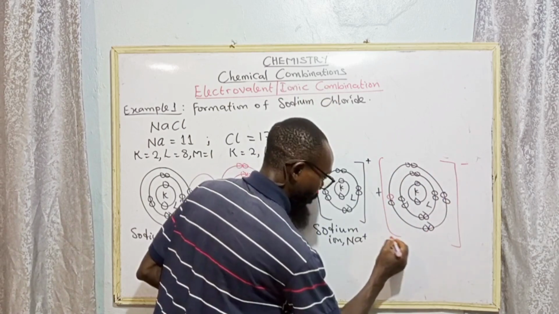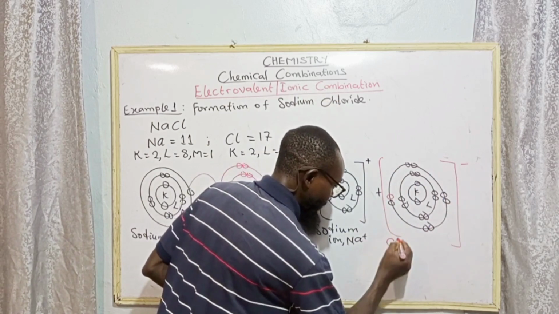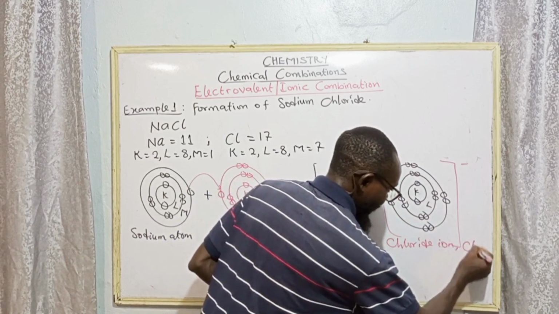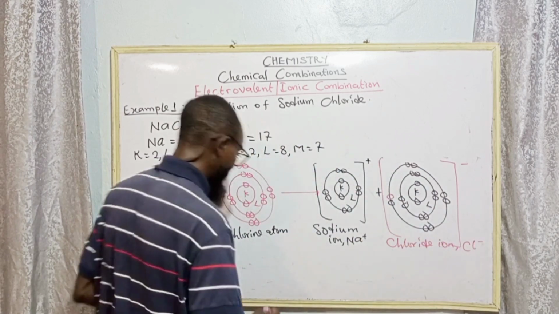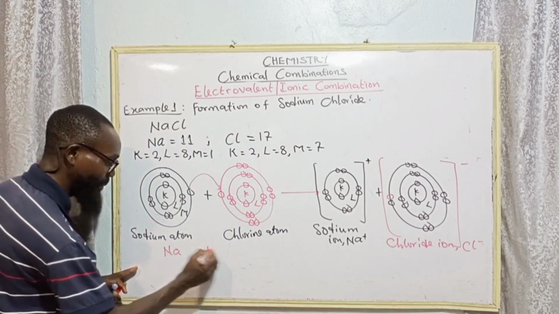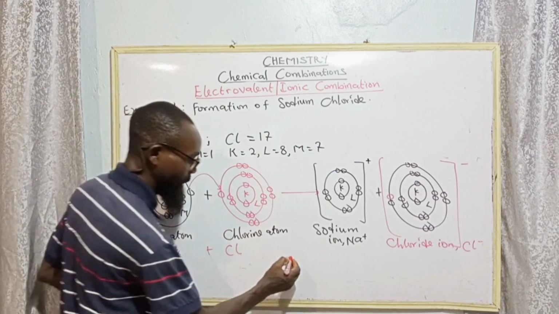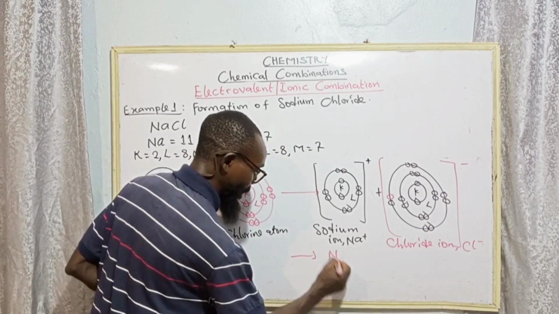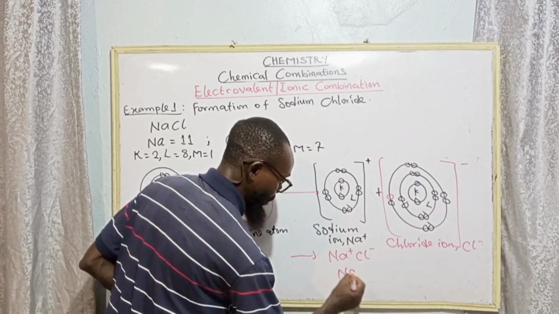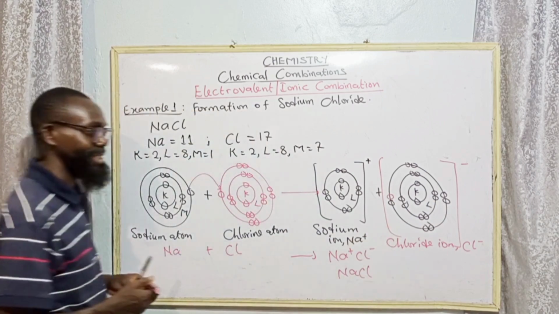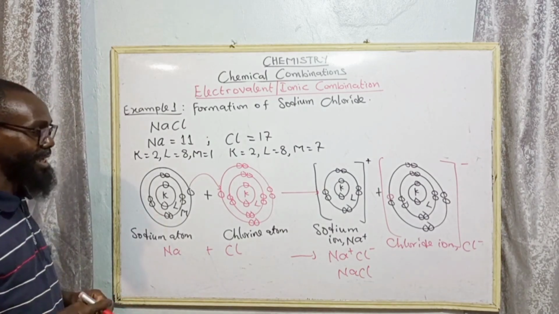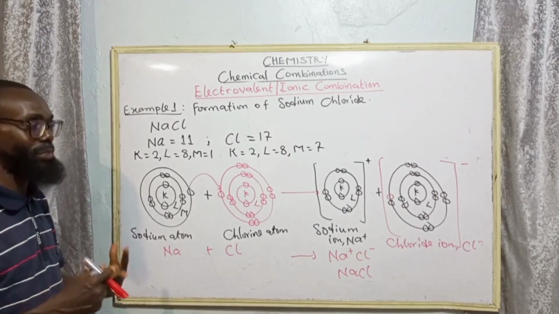So it is now called chloride ion, that is Cl minus. So the formation when sodium atom Na combined with chlorine atom gives us sodium chloride. So this is the formation of sodium chloride as an electrovalent combination.